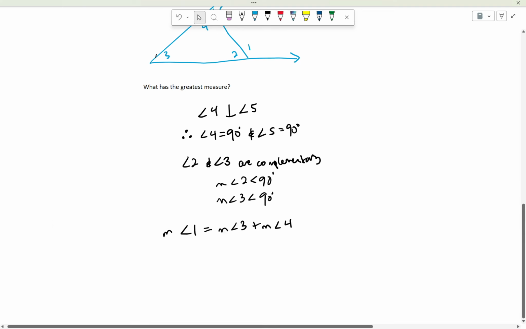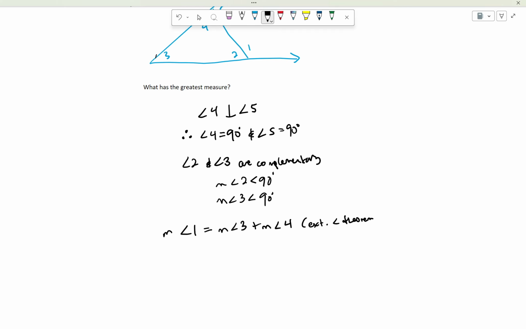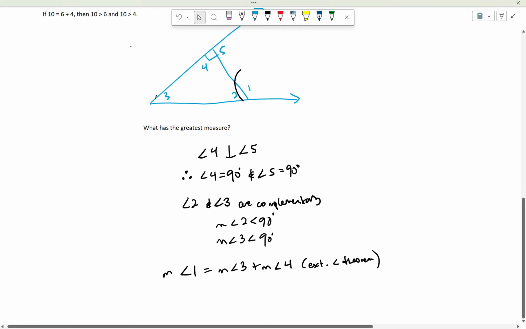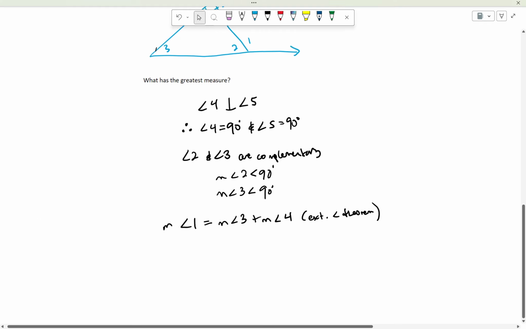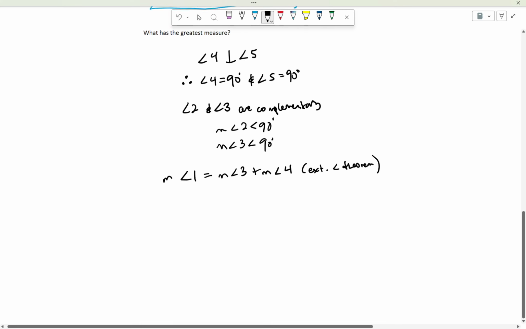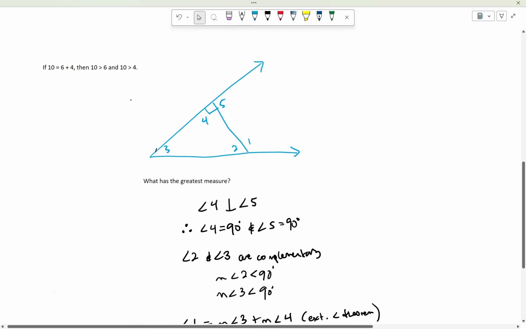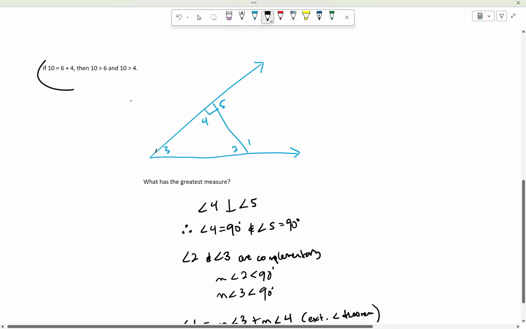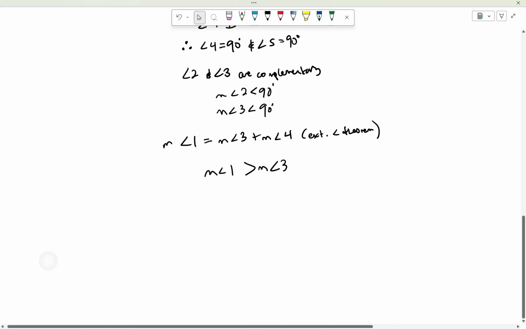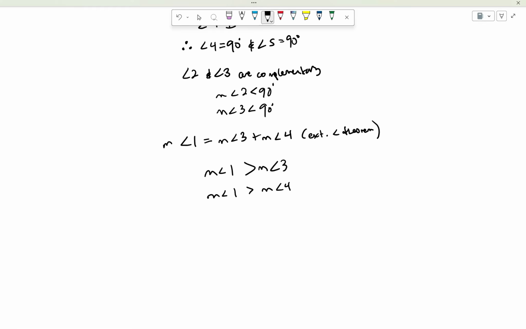Why? These are exterior angles. The exterior angle, angle 1, is going to be equal to the sum of the two remote interior angles. So what I can say then is that the measure of angle 1 is greater than the measure of angle 3, because anything's going to be greater than the sum of the little parts that make up the angle, or make up the sum.